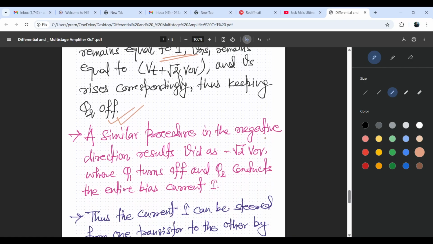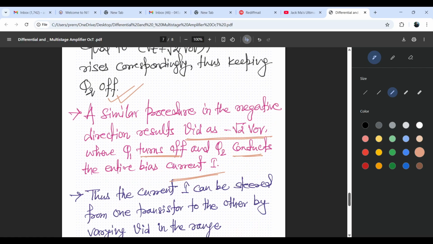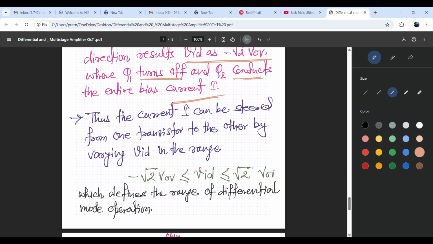A similar procedure can be followed for the negative direction: when VID becomes minus root 2 VOV, Q1 turns off and Q2 conducts the entire bias current. Hence, we can say the current I can be steered from one transistor to the other by varying VID in the range between minus root 2 VOV and plus root 2 VOV.